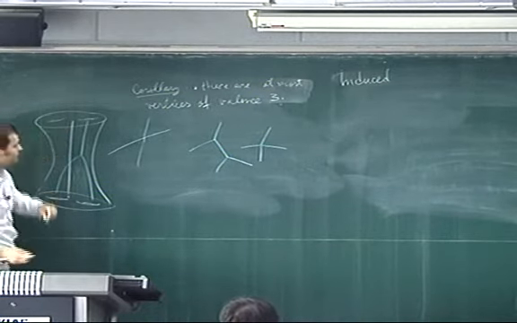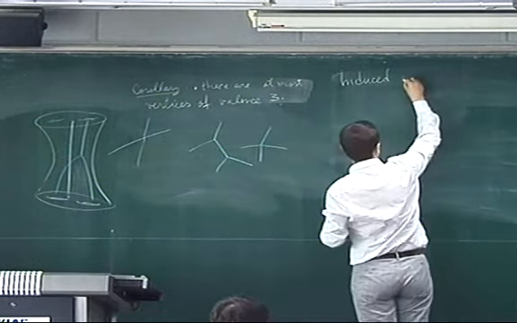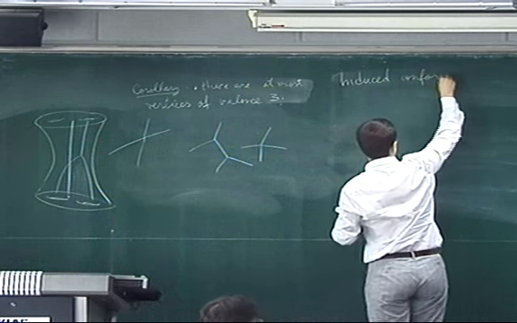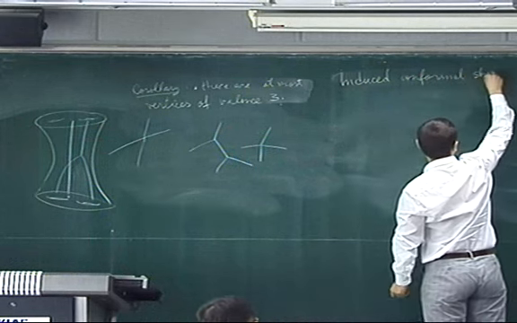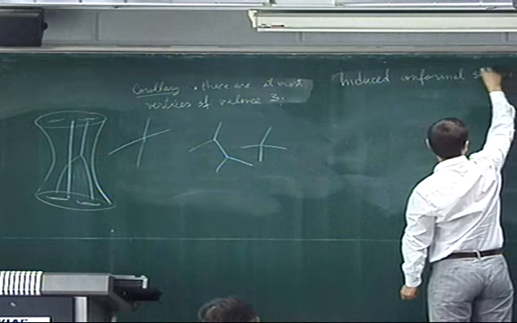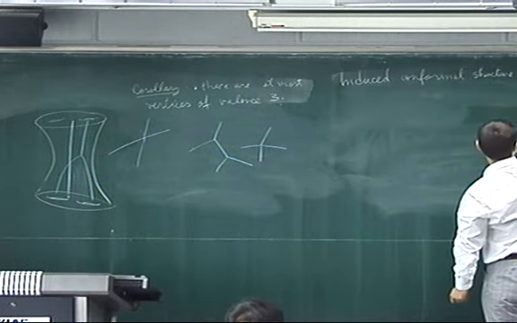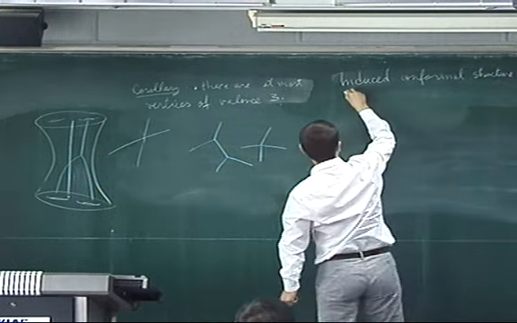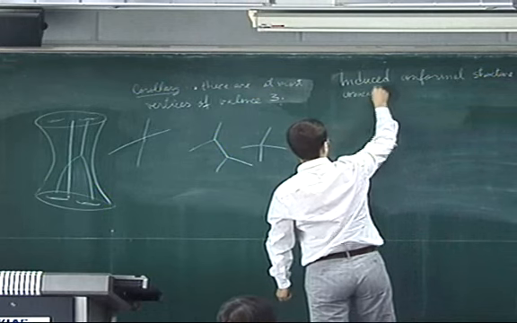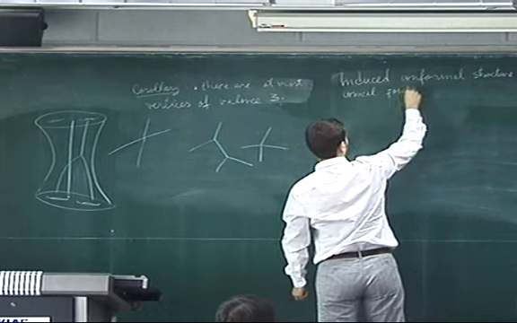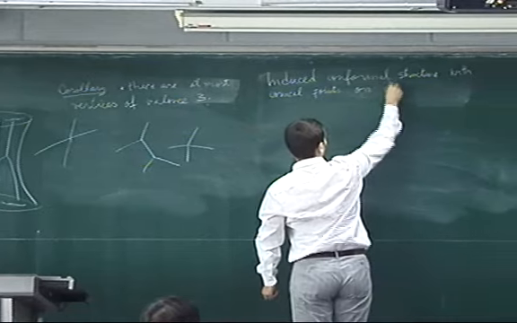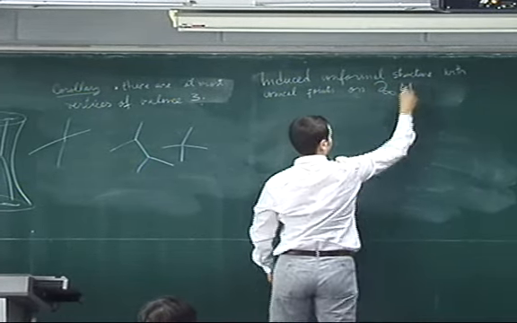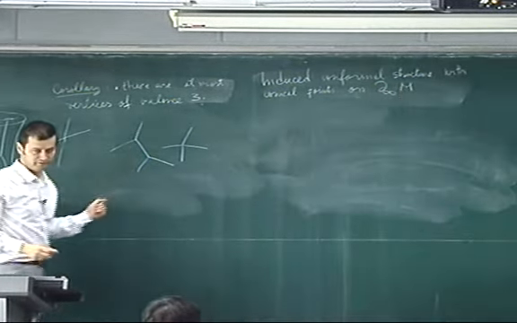So then there is an induced conformal structure with conical points on the boundary at infinity of M.